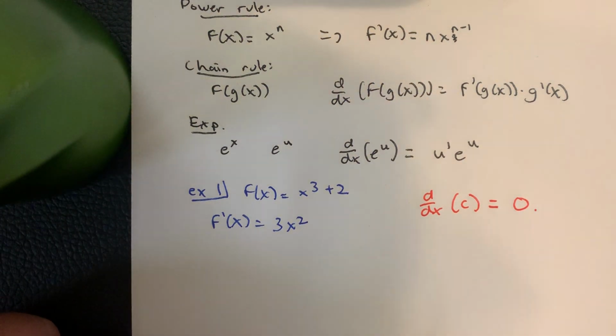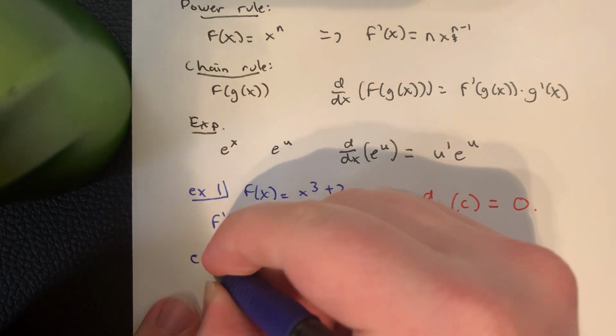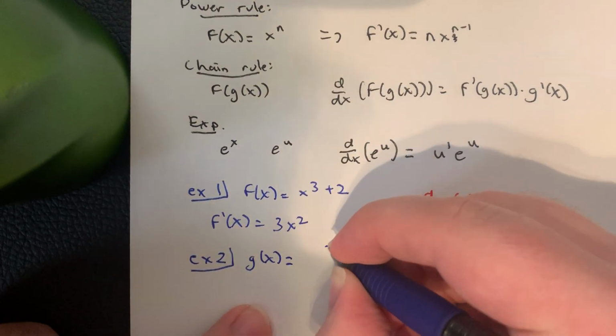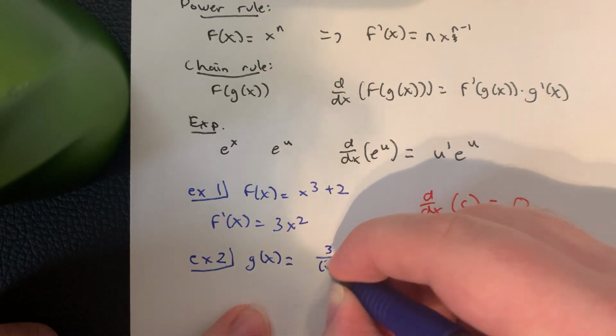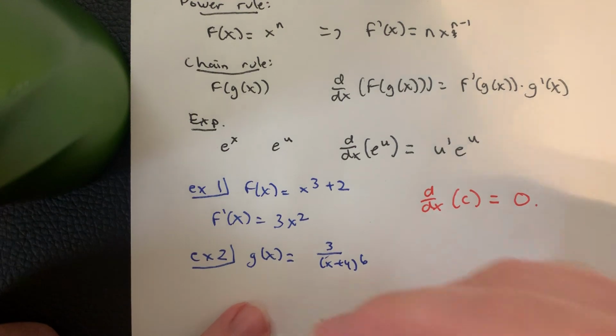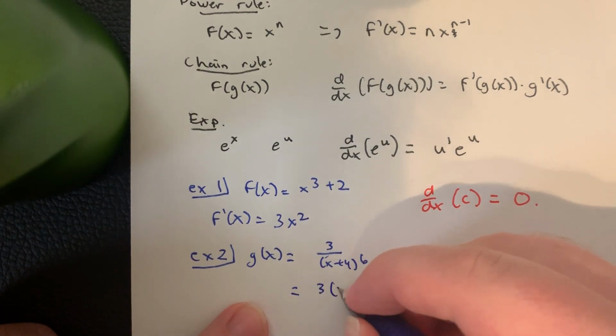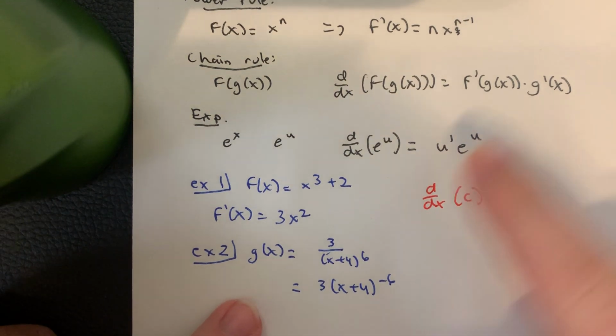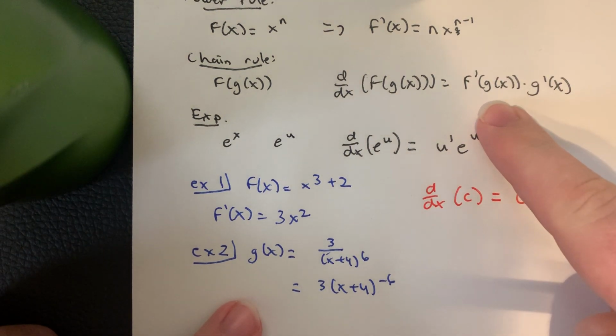Okay, great. Let's actually see another example. So let g of x be equal to 3 over x plus 4 to the 6th. Let's write this a different way, though. 3 times x plus 4 to the minus 6. This is actually going to help with rewriting in terms of the power rule.